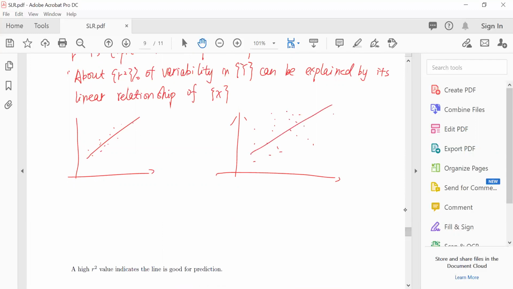Which one do you think is going to have a bigger R squared? It would be this one, right?